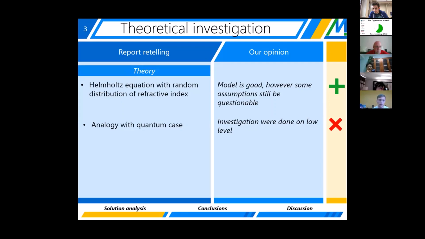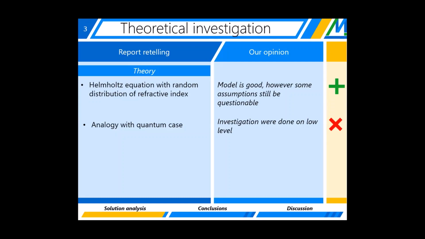After that, we saw the analogy between this phenomenon that we observe in the experiments of the reporter and the quantum case. The reporter modeled the random potential and passed light through this potential, and we saw similar pictures, but we saw these similar pictures only using our eyes.